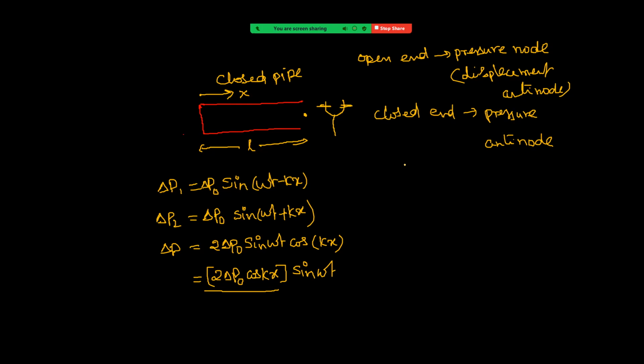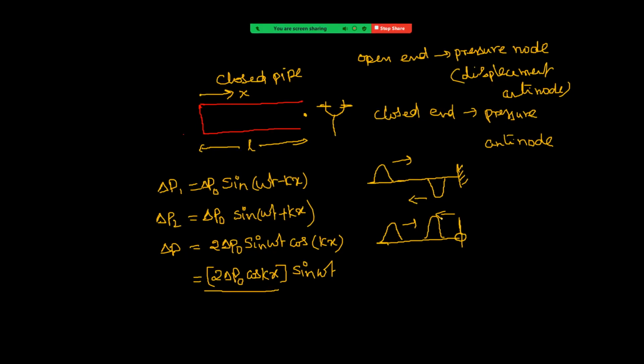If you remember in strings, reflection from a fixed end, the shape is inverted, right? In the case of a string, reflection from a free end, a ring was going like this, while coming back also there is no change of shape, meaning there is no inversion.